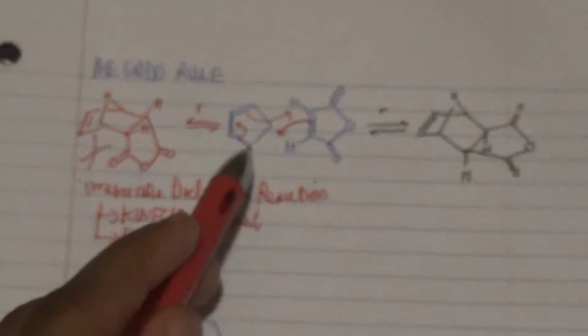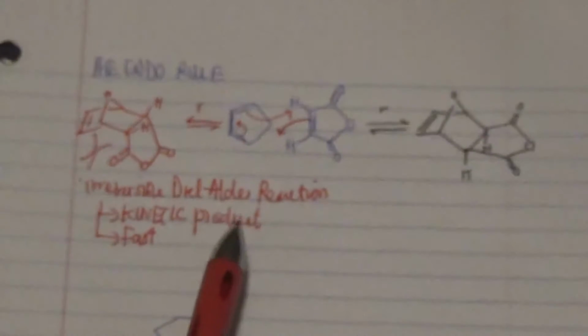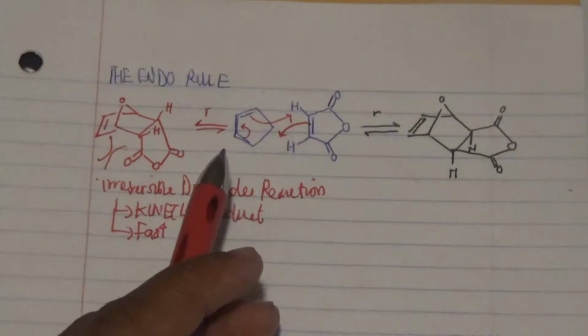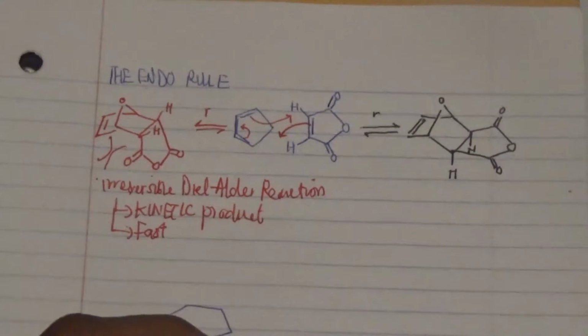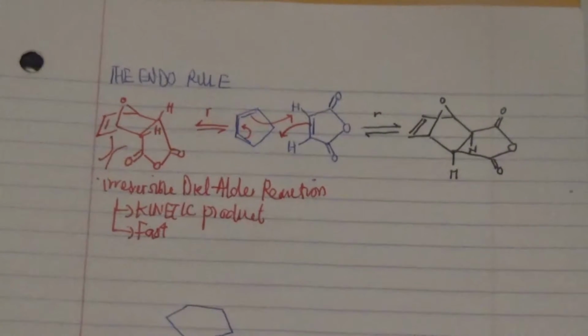This lowers the energy of the transition state, making this interaction a bit more stable at the transition state, thereby reducing the energy and favoring the formation of our endo product.